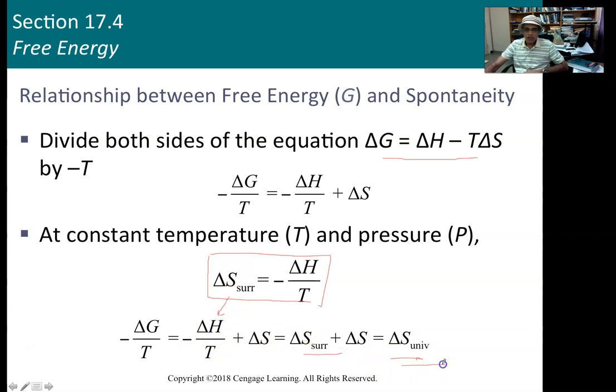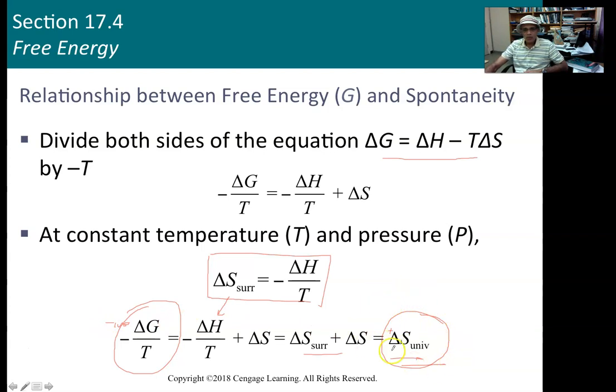So the argument is here. When we are looking at the change in entropy of the universe, we are relating it to delta G in this form. What is different, though, is that the sign here is positive and the sign here is negative.